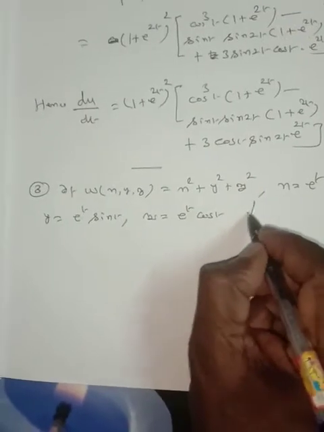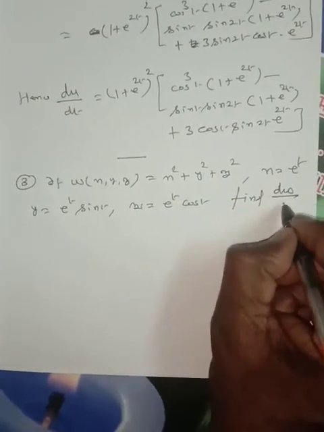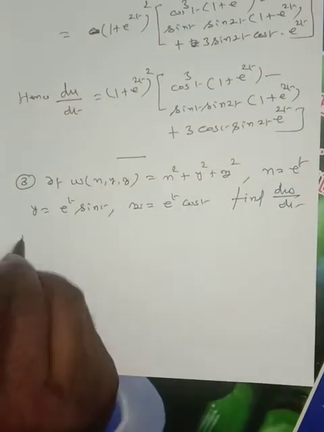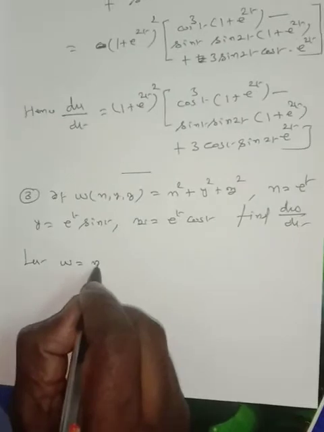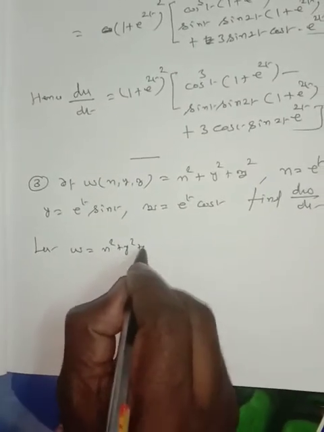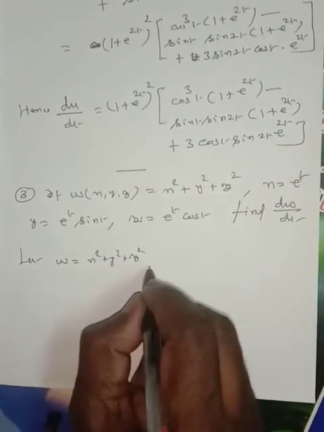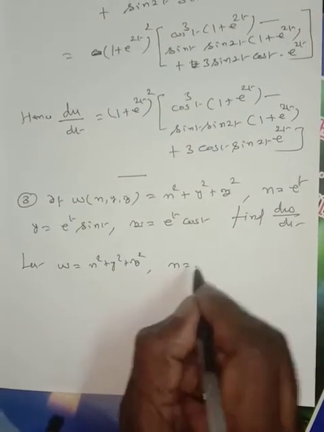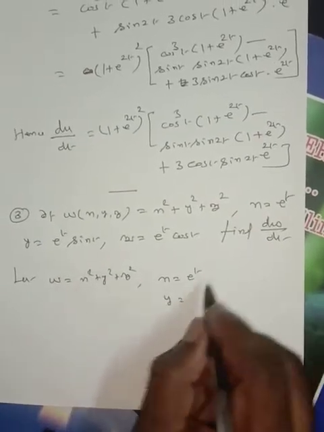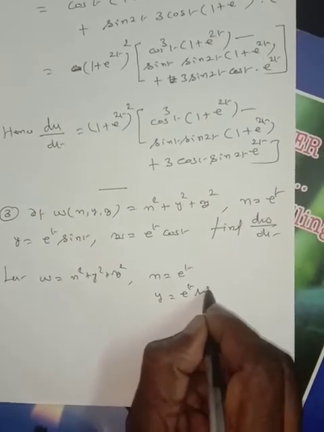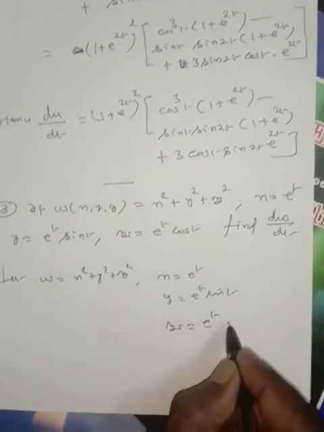Find dw/dt. Let w is equal to x² + y² + z². x is equal to e^t, y is equal to e^t sin t, z is equal to e^t cos t.